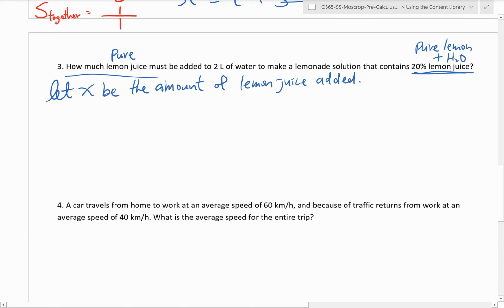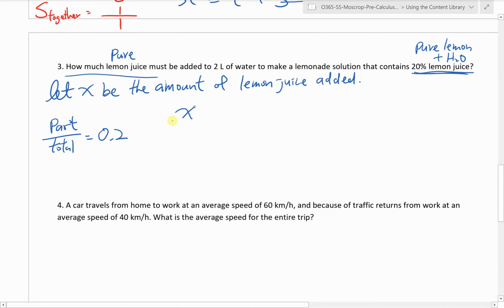This is just the amount of lemon juice divided by the total volume, right? So part divided by total is equal to 20%, which if we write it as a decimal is 0.2. So again, part divided by total is 20%, 0.2. The part that we're adding is x.